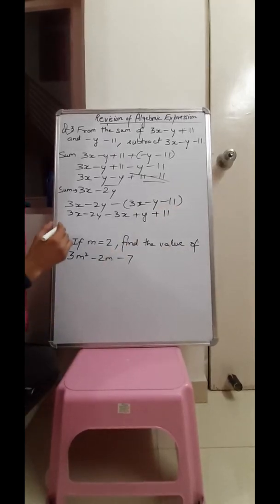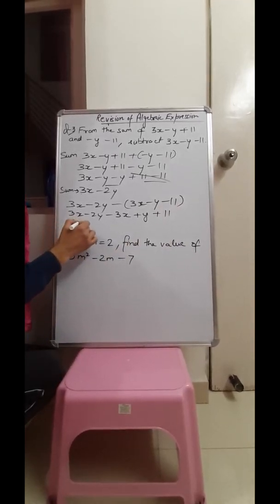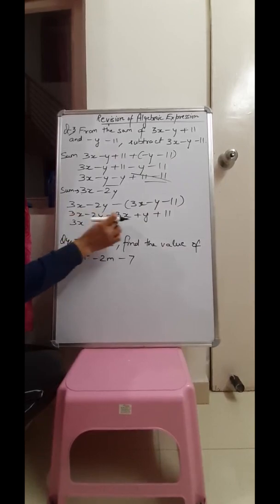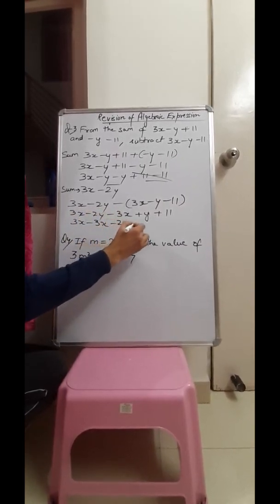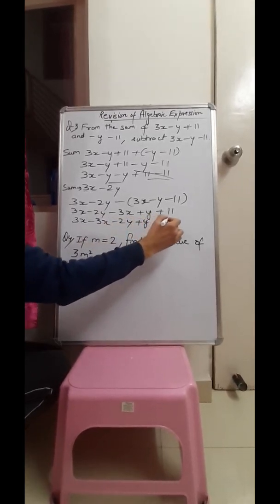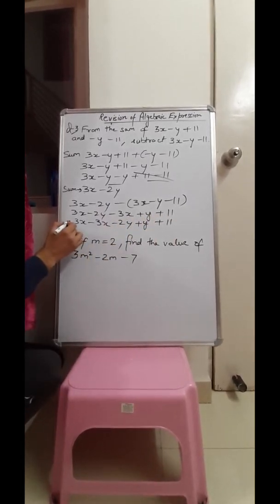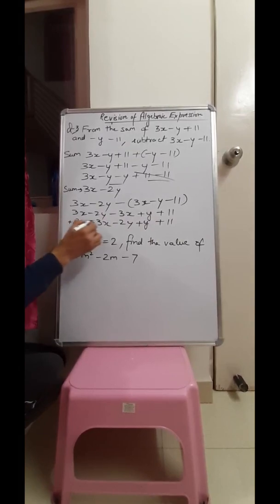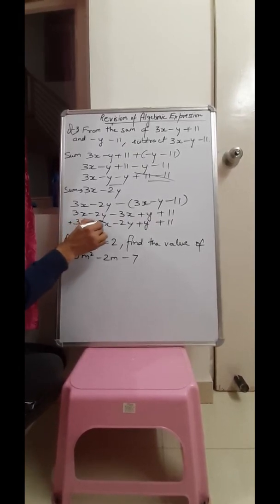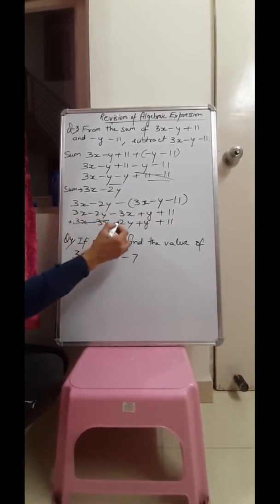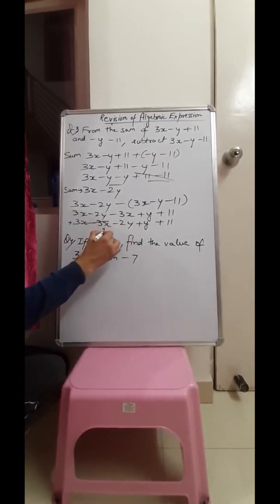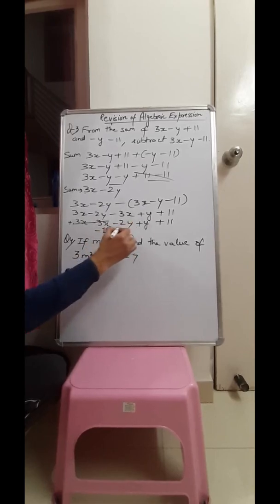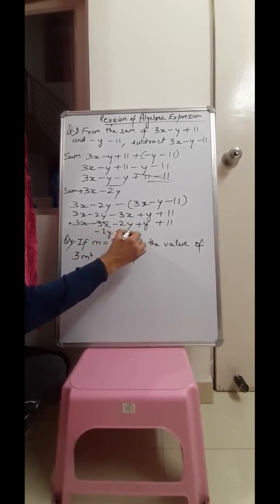So now I am going to arrange the like terms. 3x, and this is also 3x, so minus 3x gives zero. Then minus 2y plus y, and plus 11. The 2y is minus and y is plus, so one is in plus and one is in minus, and the larger one is minus, so it will come as minus y, and plus 11.